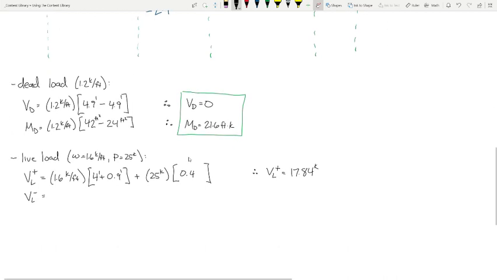So let me erase this. So these are areas under the influence line. This is the maximum value on the influence line. It's a good question, okay? Everybody with me on that?